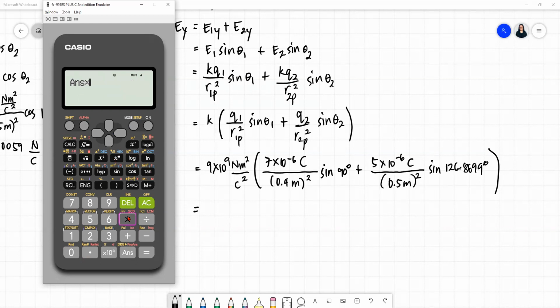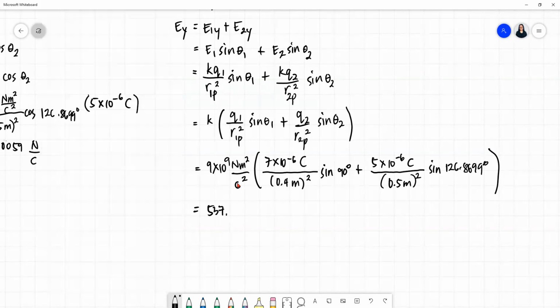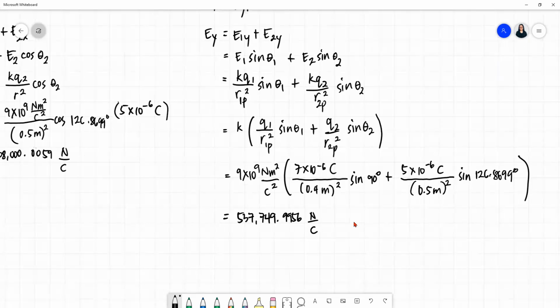And don't forget to multiply with 9 times 10 raised to the power of 9. So that's 537.7499956. That would be newtons per coulomb. So newtons will be cancelled out, and meter squared also, and of the coulombs we have newton per coulomb.